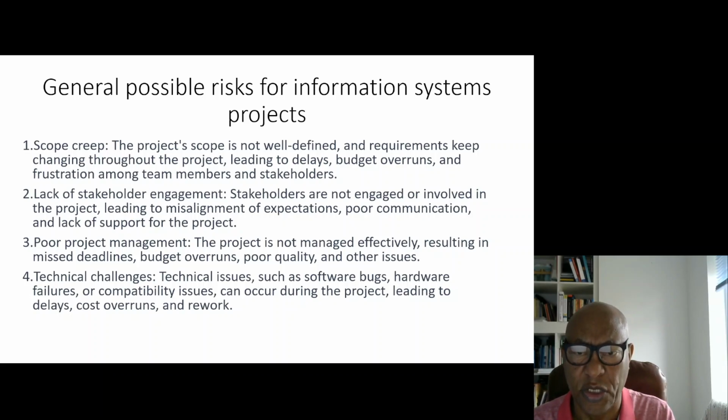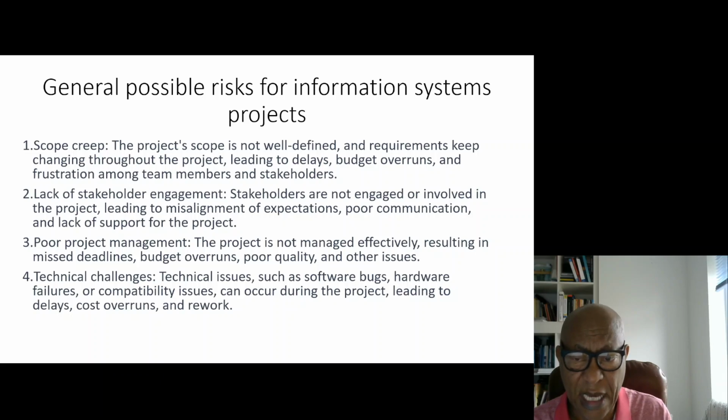These are huge risks as you expand the scope of the project. It can cause budget overruns, and it can cause frustration among team members because of the continuous changes of scope. So we have to keep an eye on scope creep. We're going to look at how we should mitigate it.